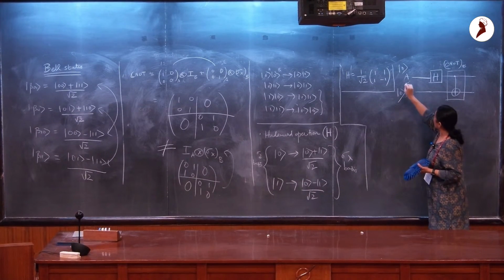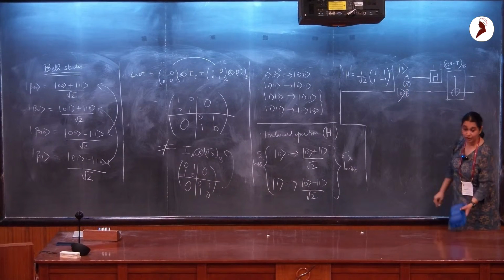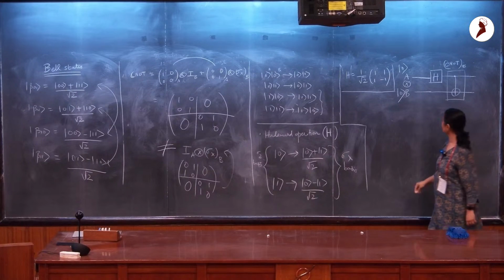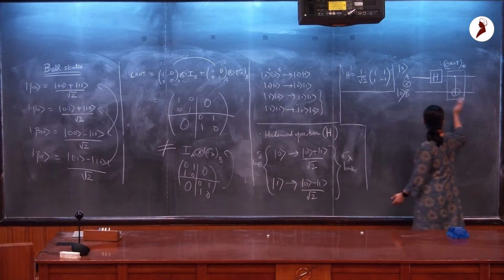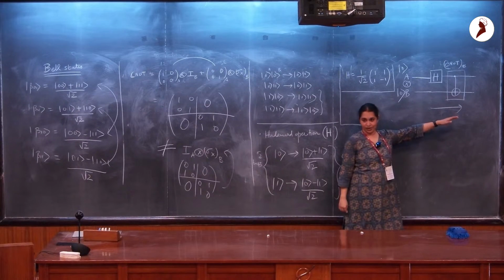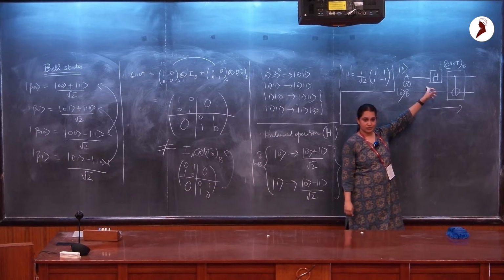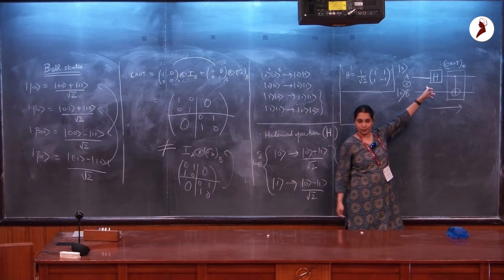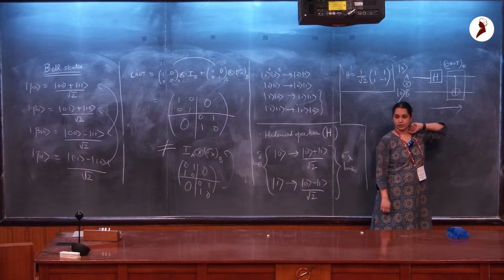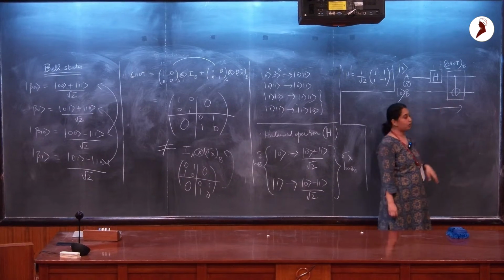So let's say I start with a tensor product state, okay? I start with a product state between A and B. So now, like I said, the arrow of time flows this way. So I first apply this gate that prepares the superposition, and then I apply this non-local transformation. So let's try to work out what happens.